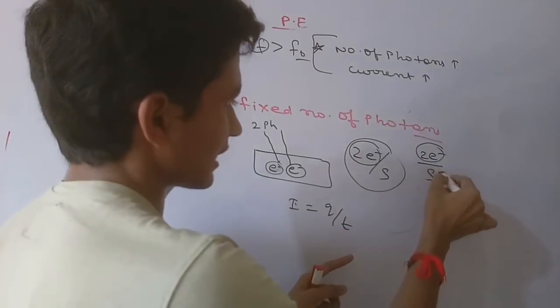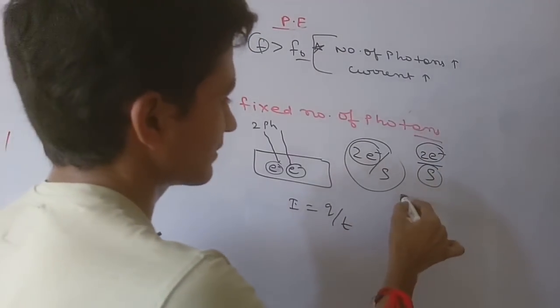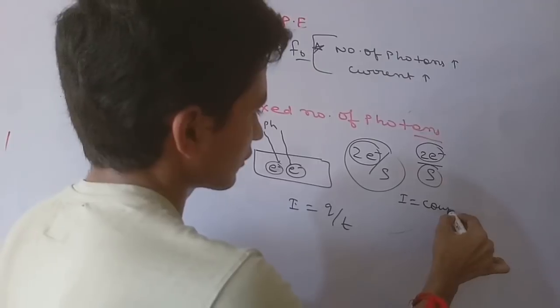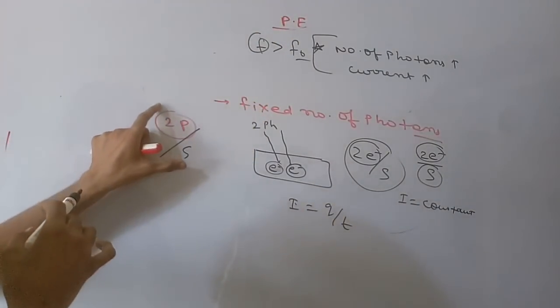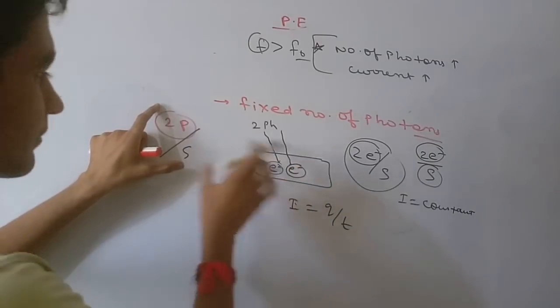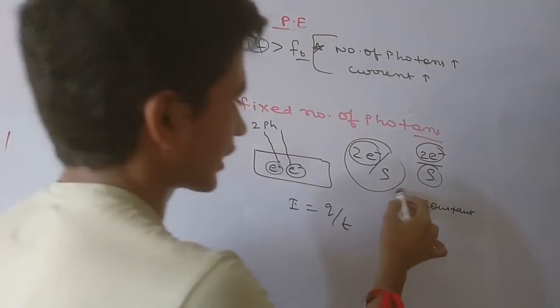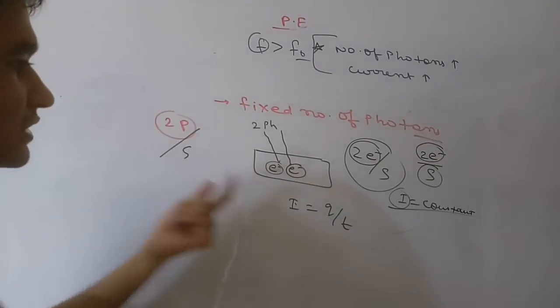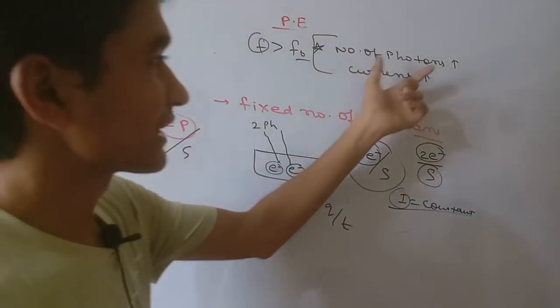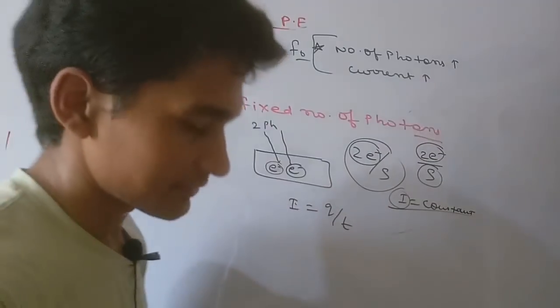So this is the charge and this is the time. It means current will be constant for the entire time period, because the number of photons striking the metal per second is constant. So if you fix the number of photons, then current will not change, but if you increase the number of photons, then current will change.